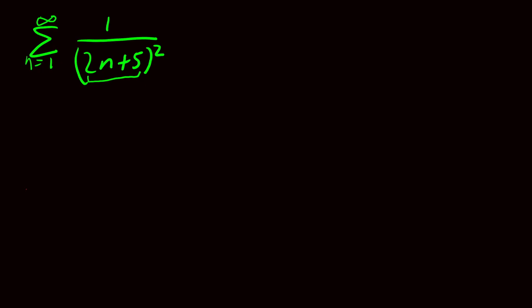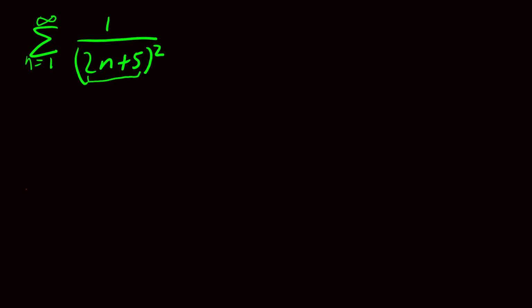All right, this is another problem where a lot of people get tripped up because the denominator is not just n. But here's the key idea: constants and shifts don't change the power of n. For a large n, let's say 100 billion, 2n plus 5 behaves pretty much the same as n.